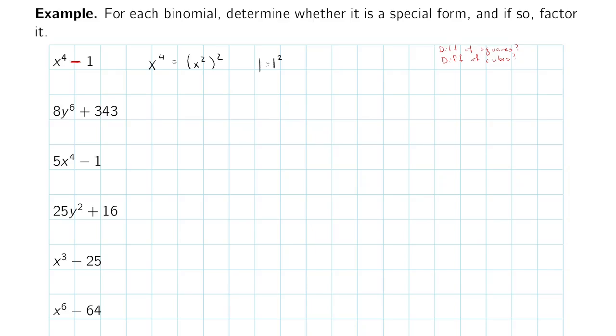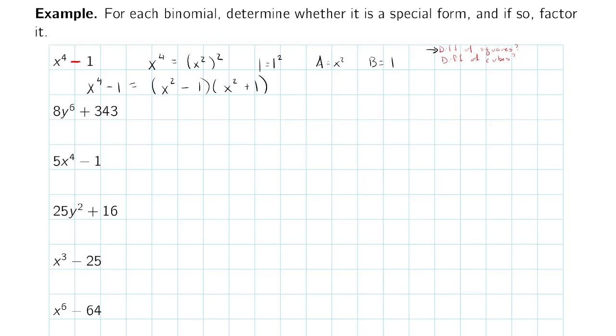And so this is a difference of squares with a is x squared, b is 1. And so x to the 4th minus 1, I can factor as x squared minus 1 times x squared plus 1. Now you might be looking at this and saying, hey, isn't that another difference of squares? And the answer is yes, it is. We could keep factoring from here. But for today, we're going to stop at this point. We're going to just do one round of factoring.